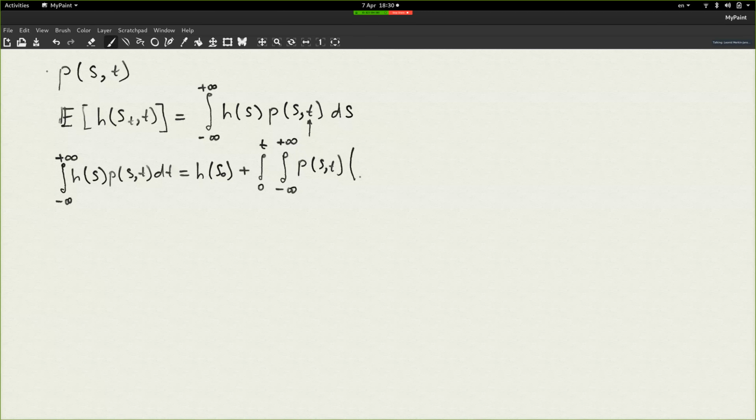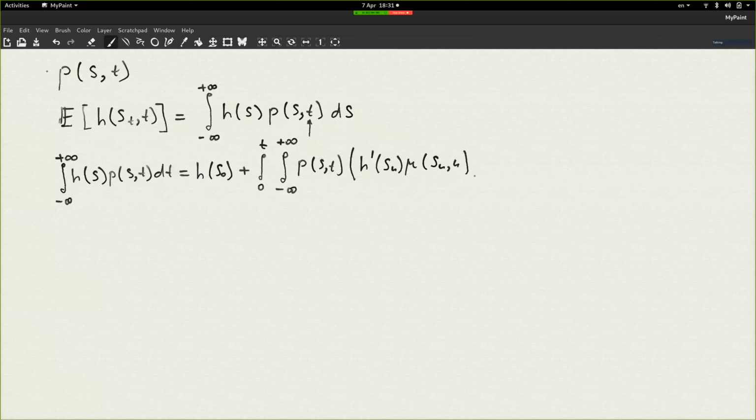h prime, we will then expand this and see what exactly it means. But here it is important that it is actually h prime of su, mu of su, u.